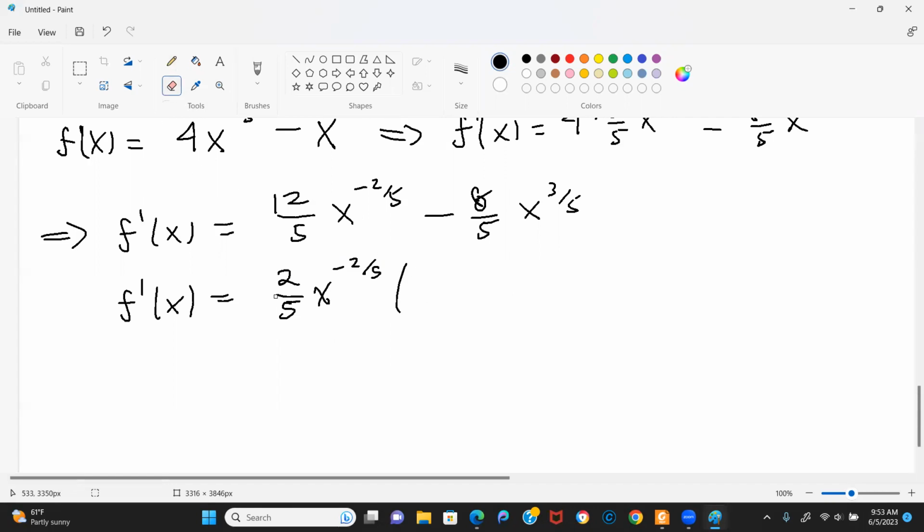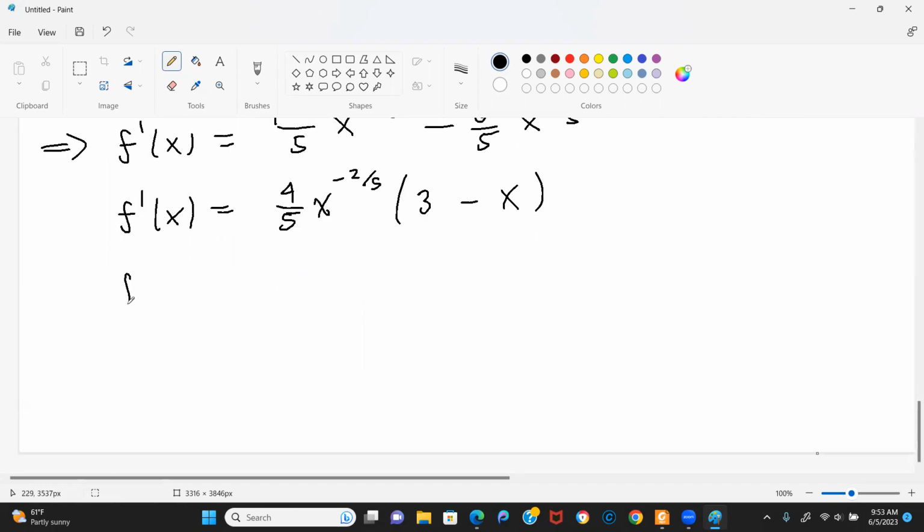Wait, no, I can do more. I'm sorry, I can factor out 4/5. So 4/5 times 3 minus x, and then I can put the x to the negative 2/5 in the denominator, so I have 4 times 3 minus x over 5 times x to the 2/5.